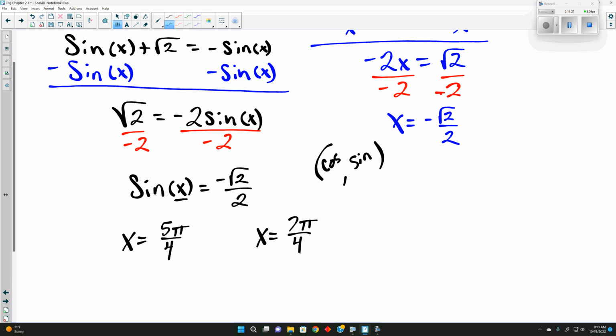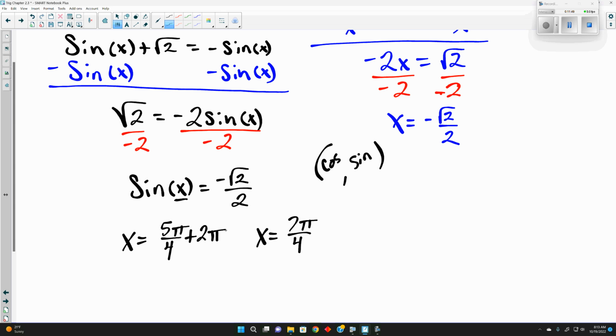Can I keep going? Because I know that our unit circle only goes between 0 and 360, doesn't it? But if I wanted to, I could add 2 pi to 5 pi over 4, yes? And that would still give me the same angle. Because we know with sine and cosine, they are cyclic functions, they repeat themselves.